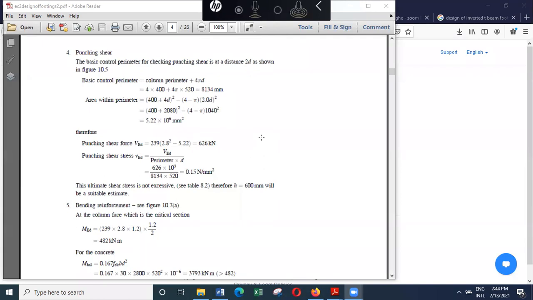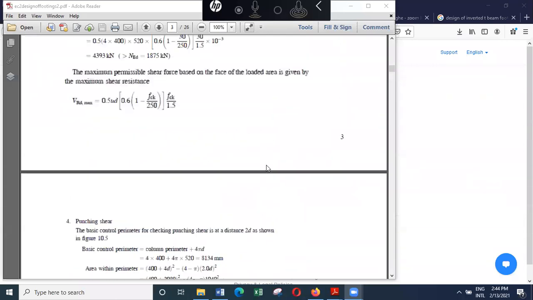So if you are getting a value like 0.15, there cannot be any problem with punching shear failure. Which means the selected thickness of 600 millimeters will be adequate.